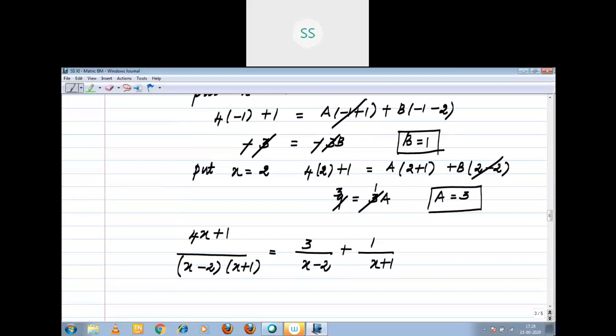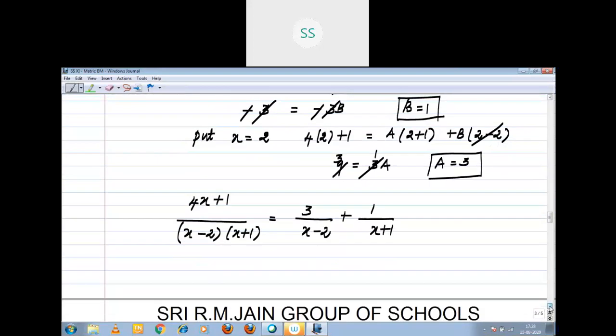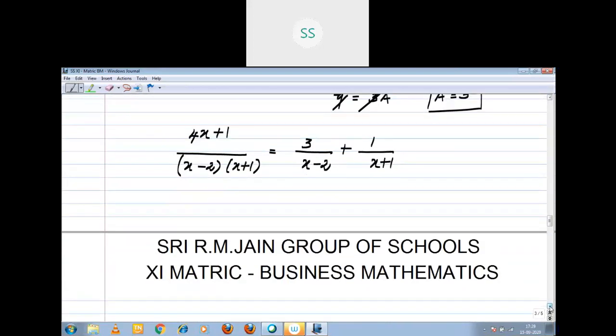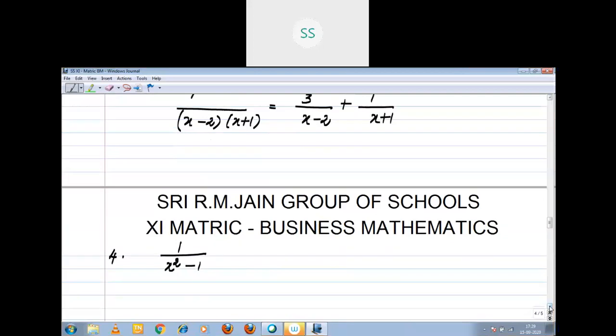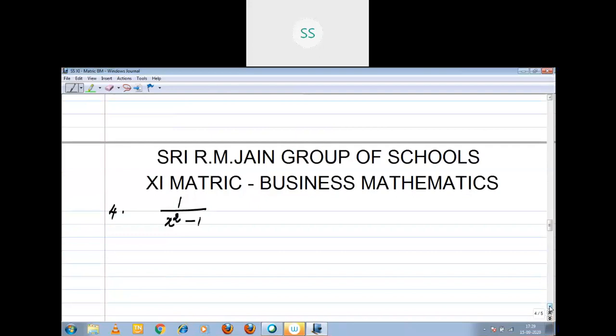Right? Now I am going to move to question number 4. What is given, you see, question number 4: 1 divided by x² − 1. See here, your denominator is a quadratic polynomial. You can make it into linear factors, first step.